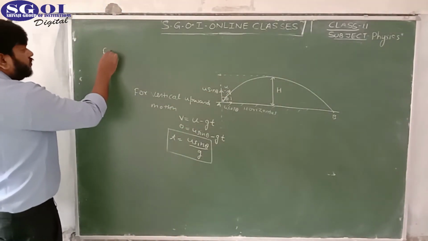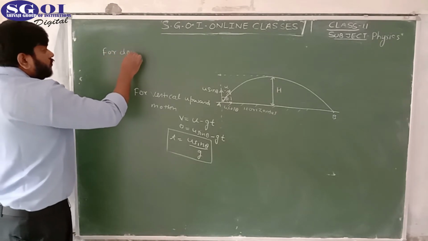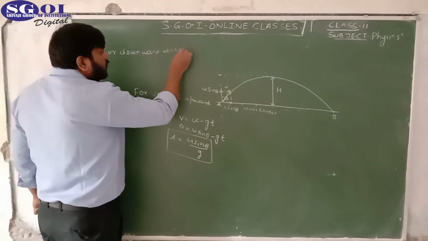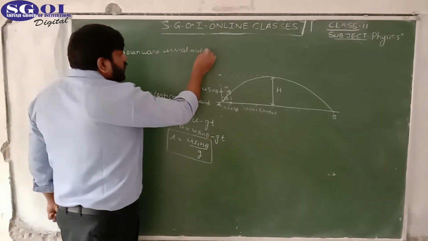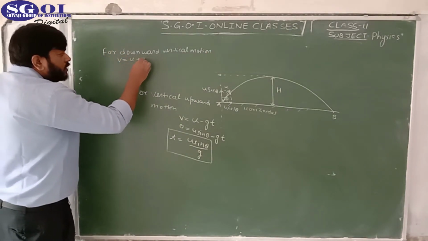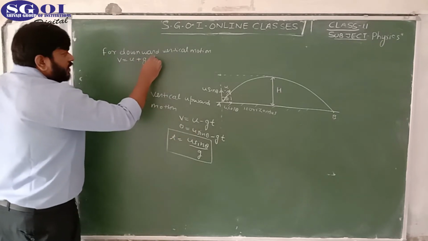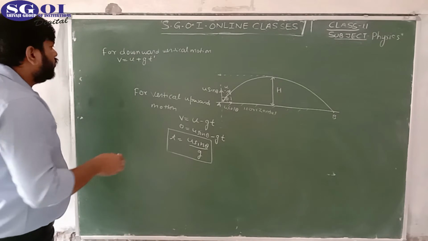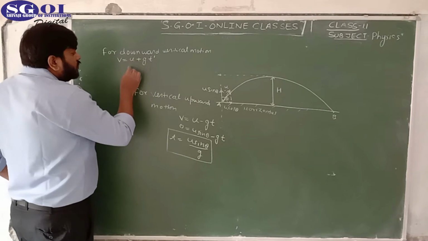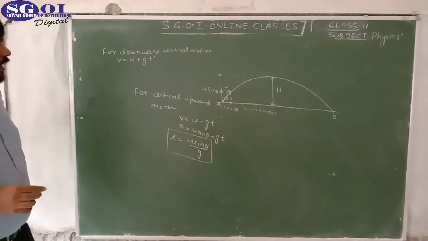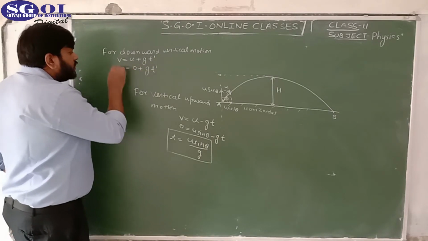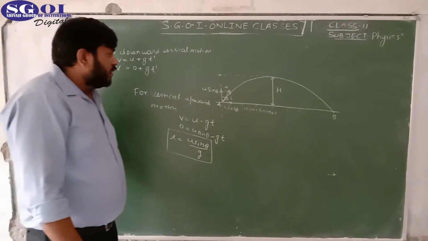So for downward vertical motion, we know the formula is v equal to u plus g t dash. Here v is the final velocity at this point, and u we know is 0 initially, so it is v equal to u plus g t dash, where v is the final velocity.